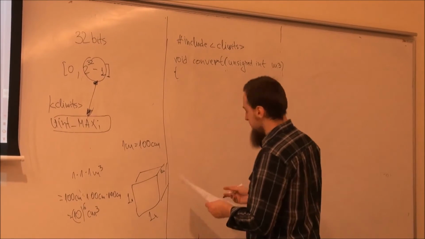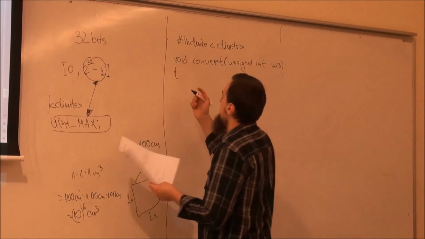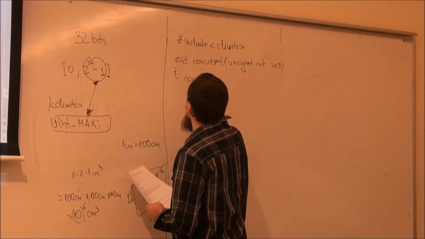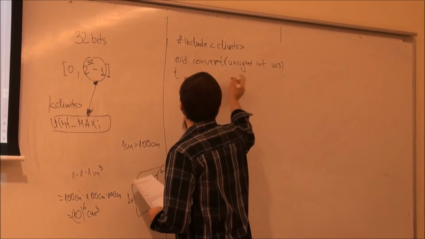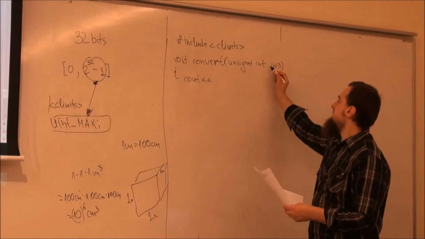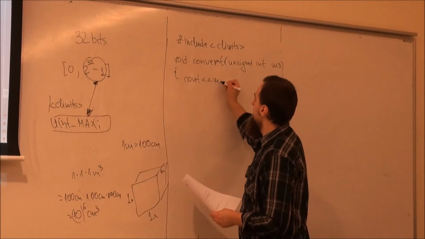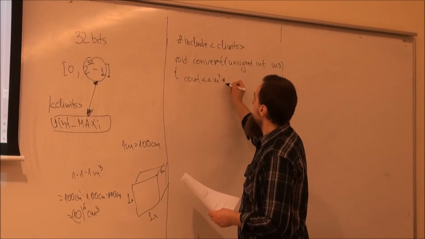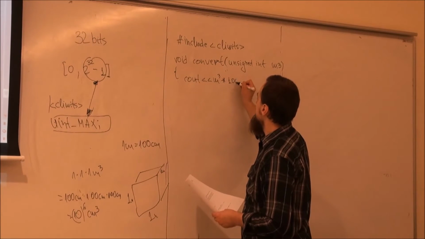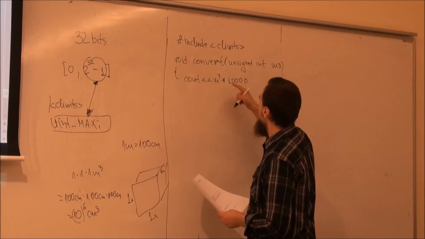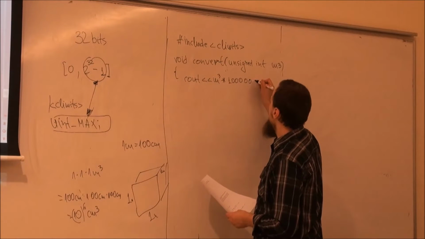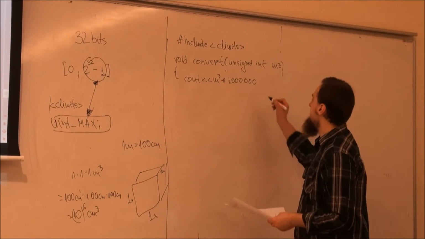And how am I going to convert it? I should print it. I just print with cout. This unsigned integer, cubic meters, is going to be multiplied by 1 million. That's a 1 followed by 6 zeros, and that's it.